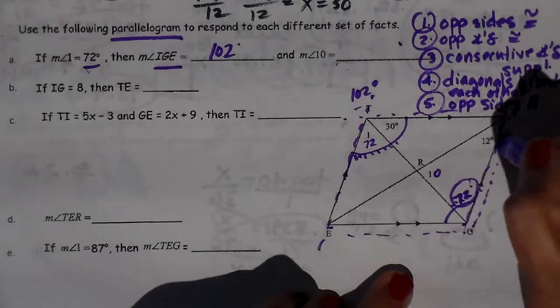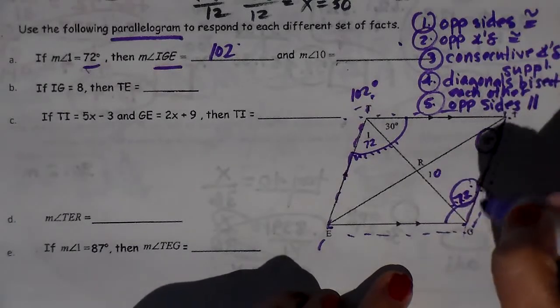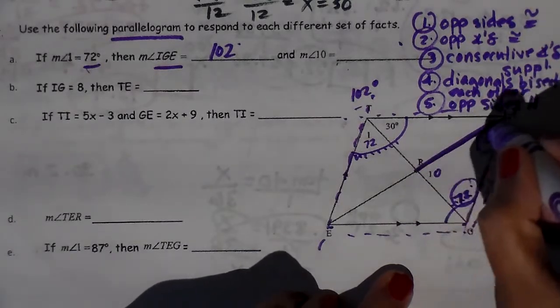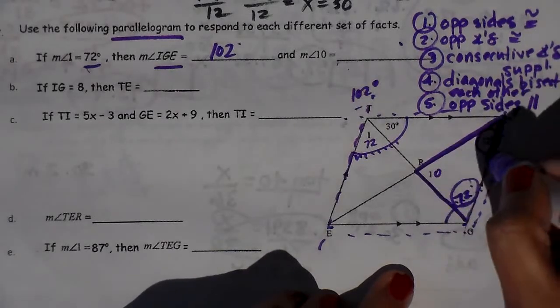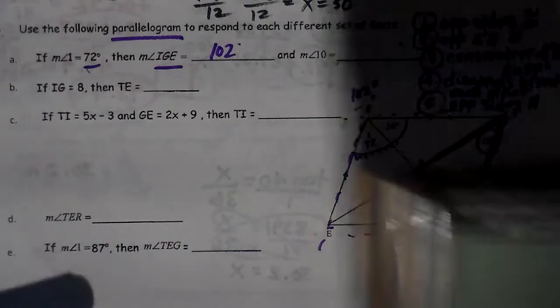So if that's 72 and that's 12, how do I find 10? Well, what do the angles of a triangle add up to? That's a triangle, right? 180. Here's your triangle. See it?